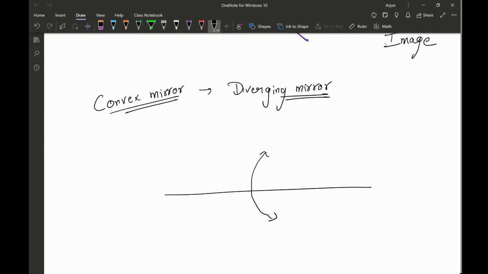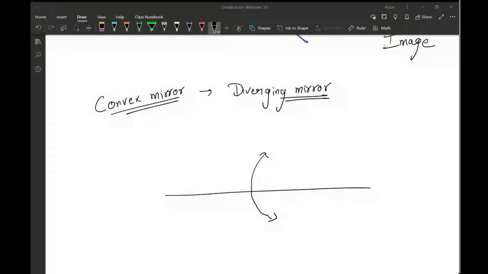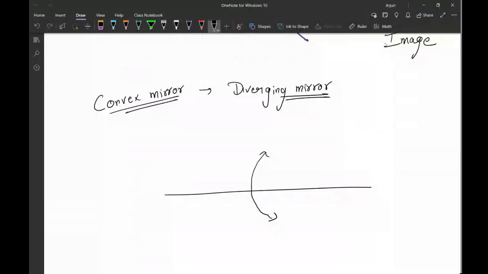In case of a diverging mirror, you can place the object anywhere. You can place it here, you can place it here, you can place it here. You will always get one result. That is, the image will always be smaller and virtual.